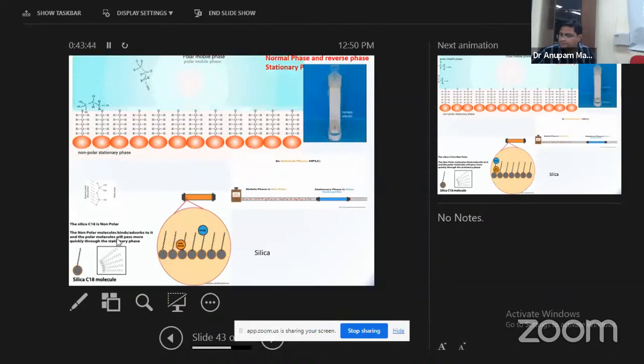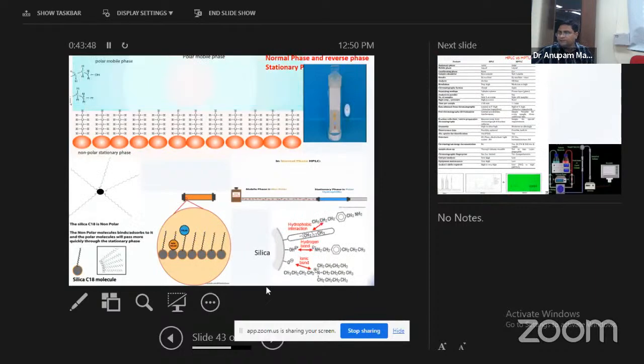What happens inside the silica gel? Many interactions happen: hydrophobic interaction, hydrogen bond interaction, and ionic interaction. By these interactions, the compound distributes itself between two phases. One is the stationary phase, that is the silica gel, and the other is the mobile phase.